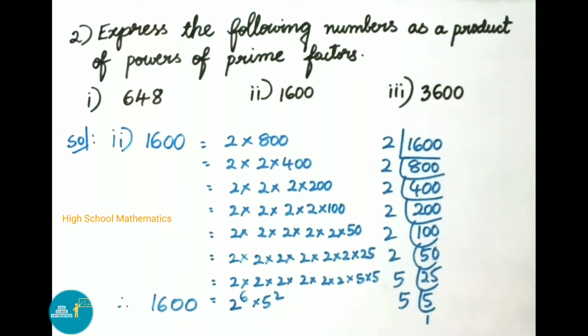See here 2 multiplied 6 times, that means in exponential form it is 2 power 6 into 5 multiplied 2 times. In exponential form it is 5 power 2. Therefore 1600 equals 2 power 6 into 5 power 2.